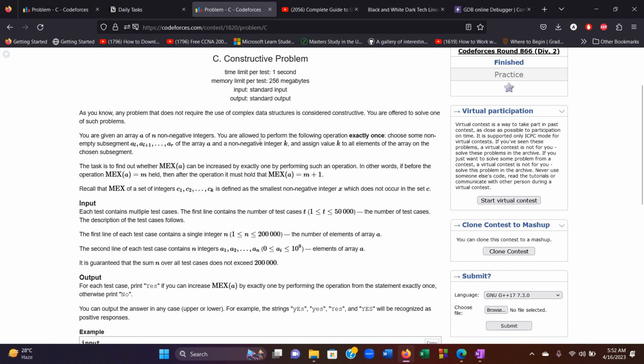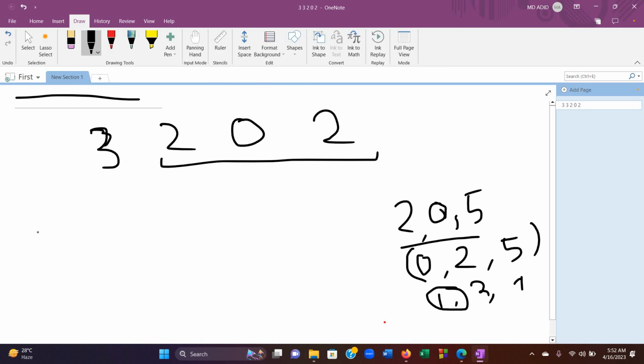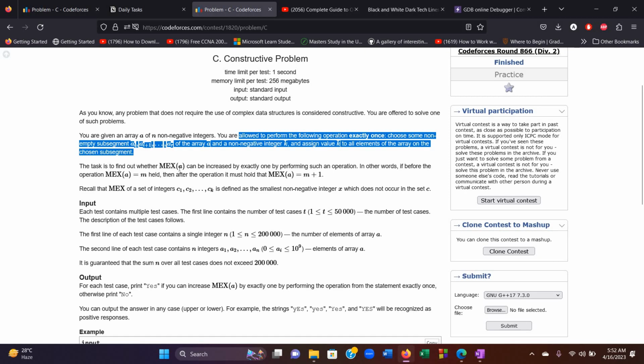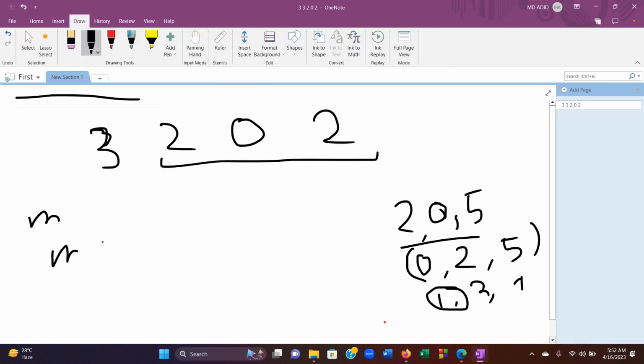Let's say for the sake of simplicity, before performing this operation, the MEX of the whole array was M. After you perform that operation exactly once, you have to make it such that the MEX of the whole array is M plus 1.